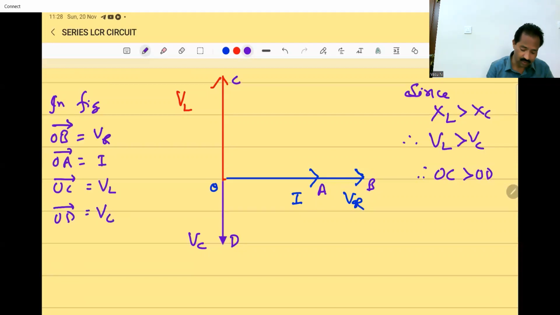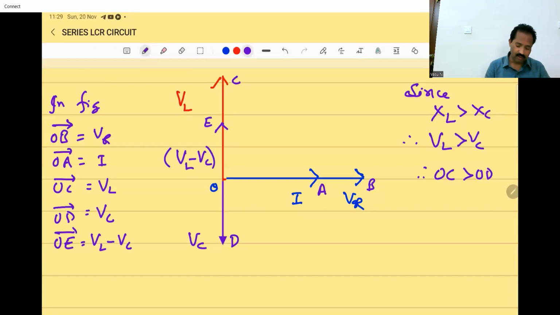Okay, makla. So since VL is greater than VC, the resultant of VL and VC I will draw here. This is a representation. Look, let us call this E. Look, vector OE. Vector OE is equal to VL minus VC. See, vector OE means VL minus VC, we can write like this.